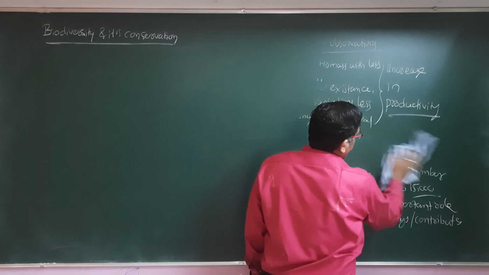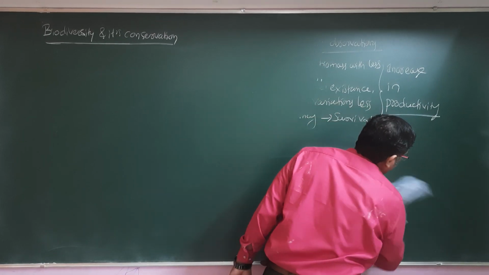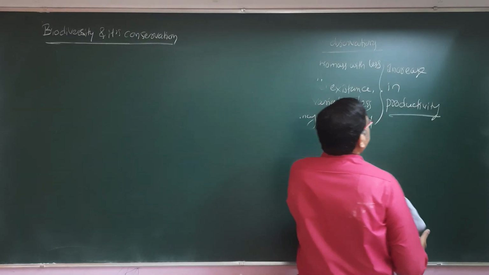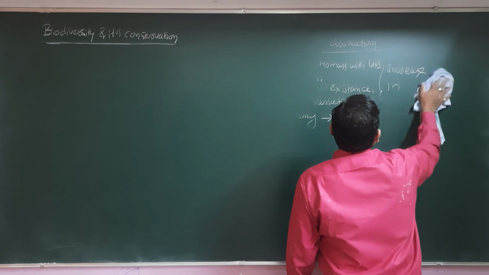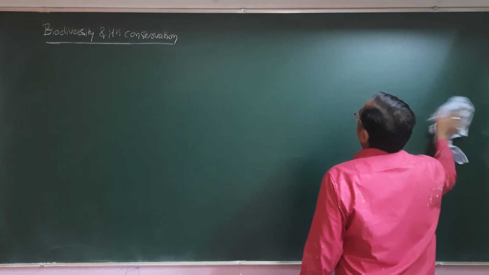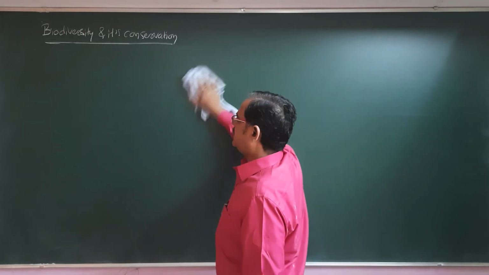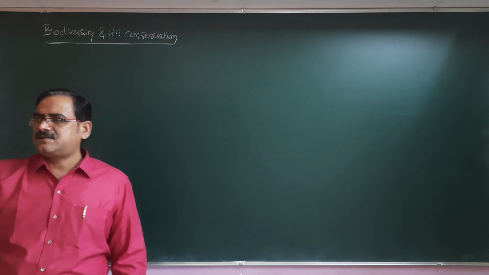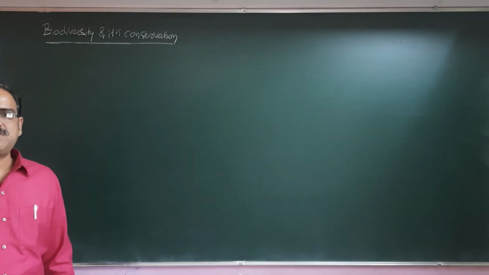When we consider that humans are the ultimate cause for the loss of a variety of species from this earth, there is no other reason. It's all human activities, dominating all other species and killing them day by day. That is the major reason for the loss of species.